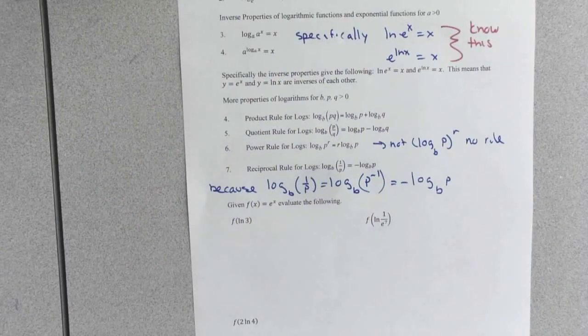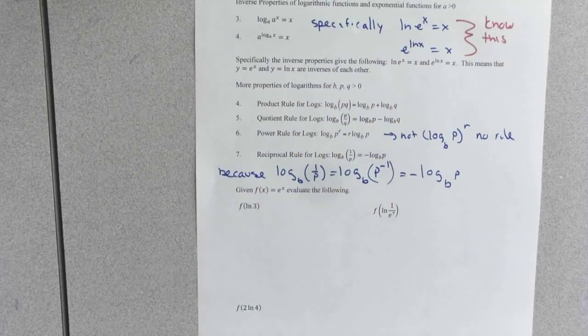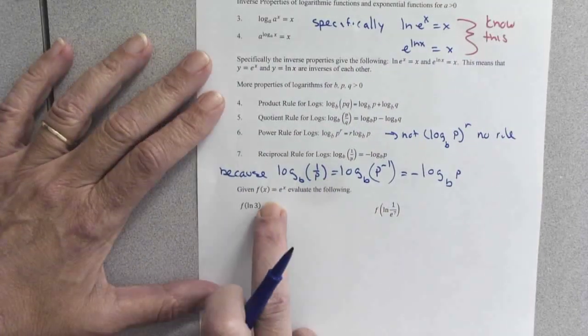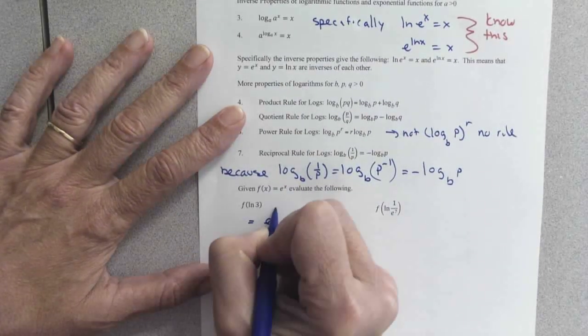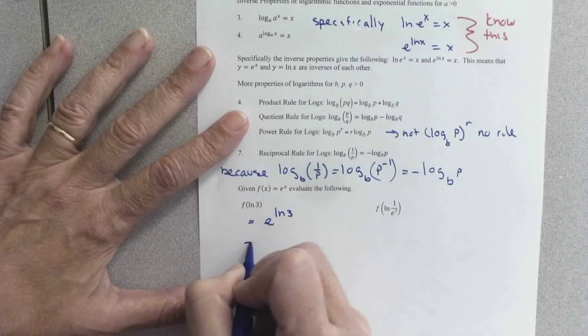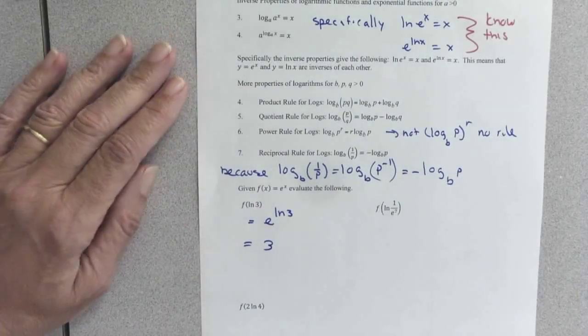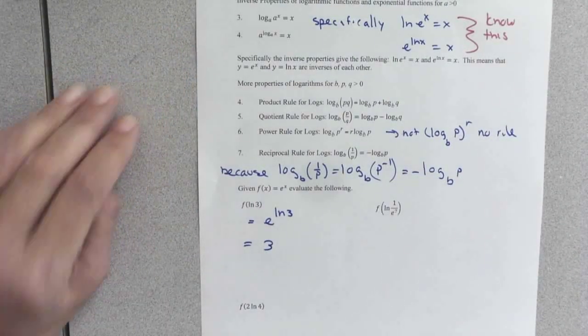So practicing a little more here with logarithms, we'll eventually get to some calculus. It's going to be a while before we get to some calculus, but we'll get there. Evaluate each of the following. So f of x equals e to the x. That's going to be e raised to the natural log of 3, and you are just supposed to learn that that is going to be 3.